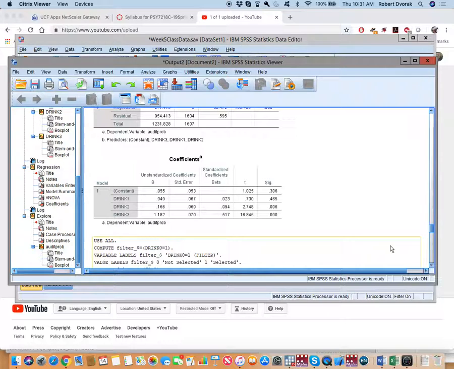No, wrong direction though. Drink 1, if we move from drink 0 to drink 1, we see an increase of 0.049, 0.047 for those of you at home. So what does that tell us about our mean for drink 1?